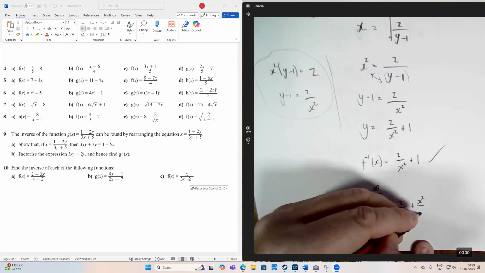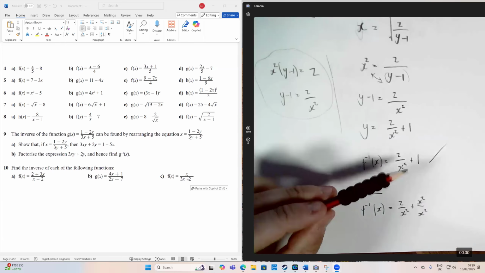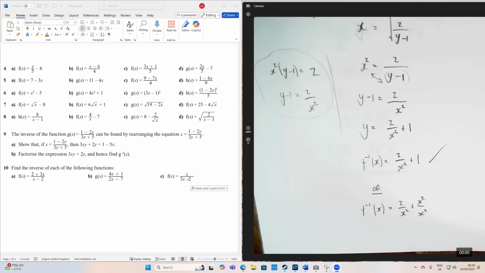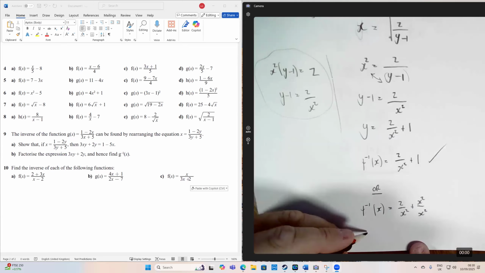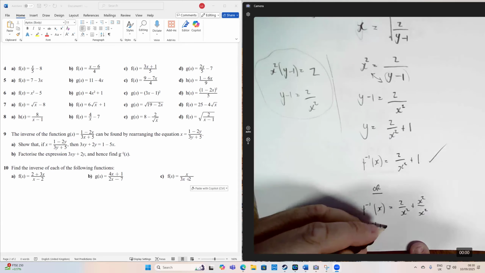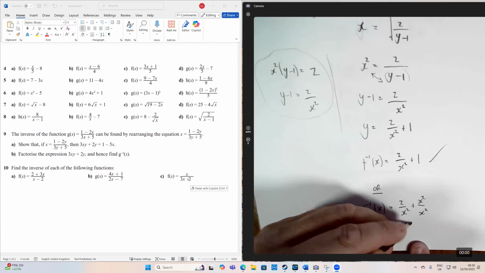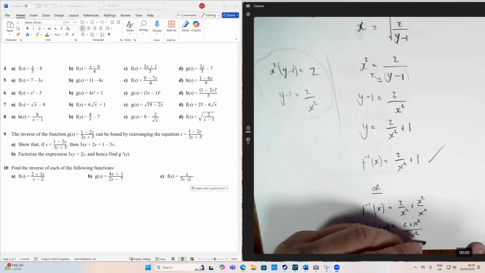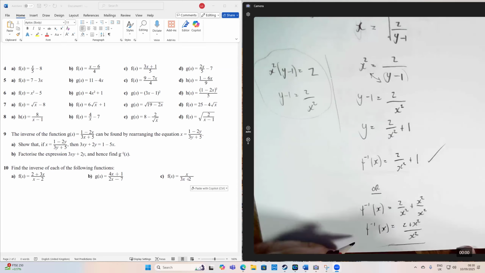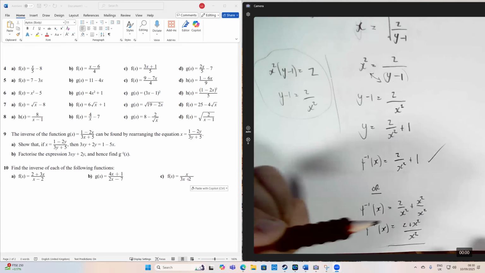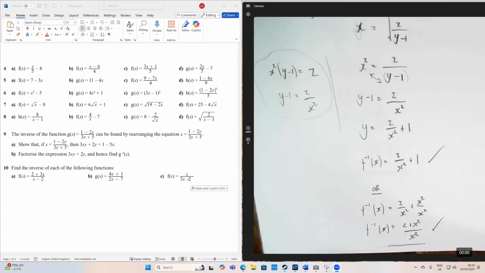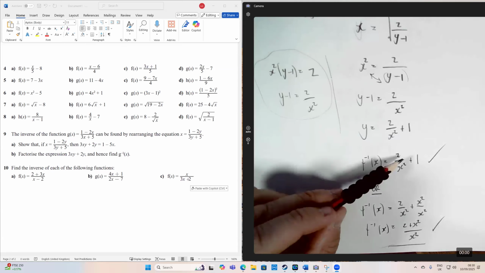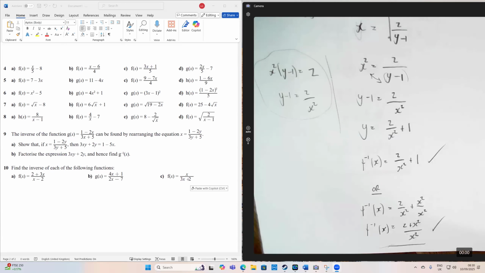So all I've done is reimagined the 1 as being x squared over x squared. And the reason for that is because that now allows you to write that as 2 add x squared over x squared. So that's a different way of writing that, but they're both correct. And again, if you have a show that question, so you're aiming for a particular form, that's how you would change that one into that one.